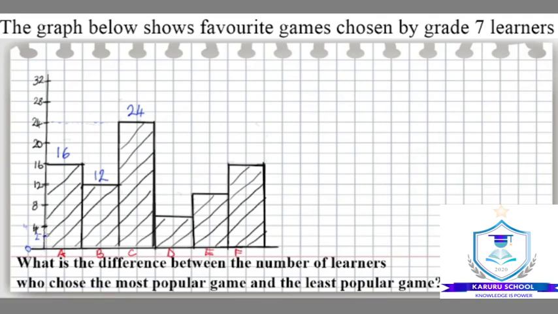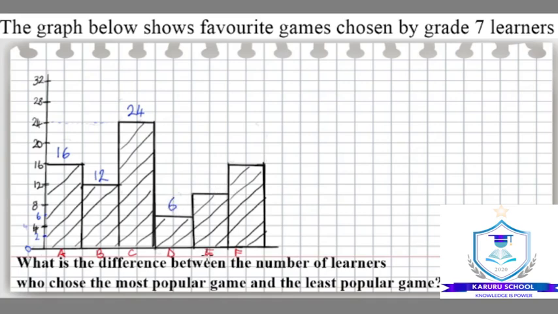So to get the total number of learners who preferred game D, we will need to add 2 to 4 to get 6. So in this case we have 6 learners.